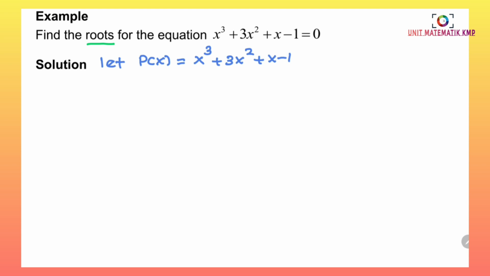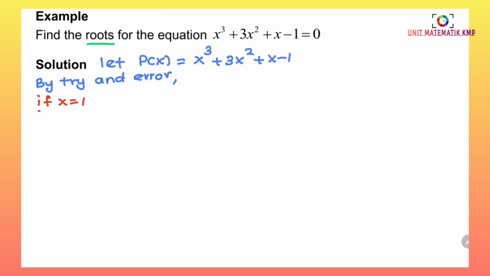By using trial and error, let's say we substitute x equal to 1. We want to find one of the factors of this polynomial.